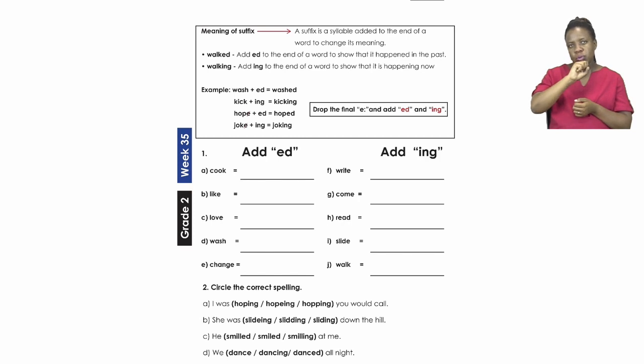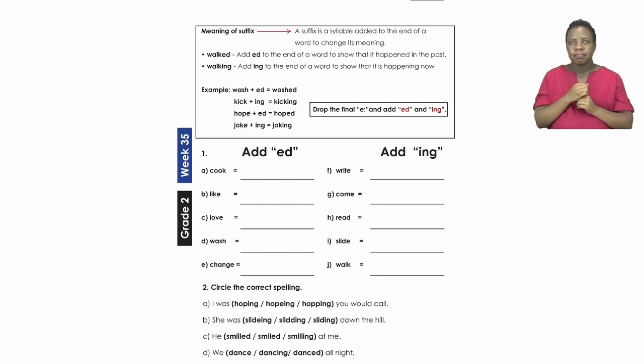But for the word hope, we know that the word hope has an e at the end. And what do we do? Well, instead of adding another e, we just put the d. So, these are the two rules that you have to remember for ed.